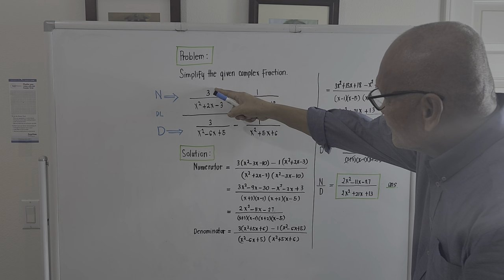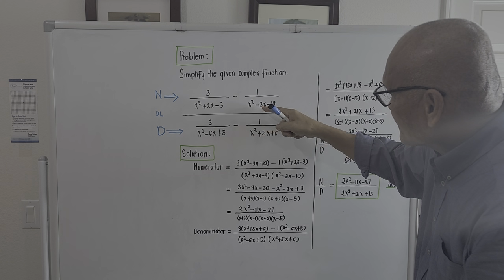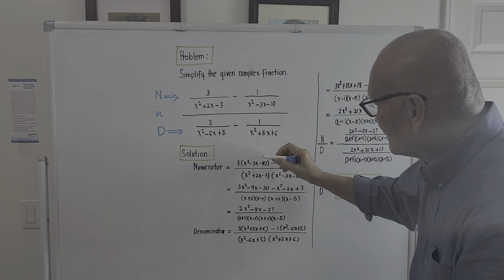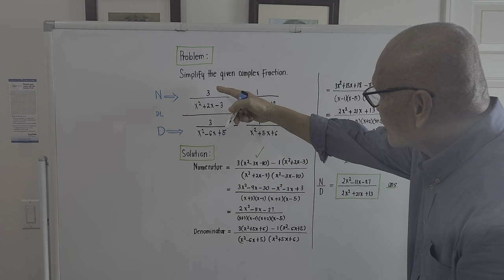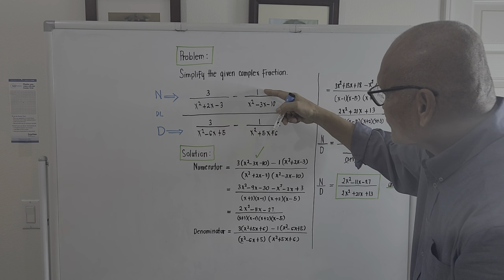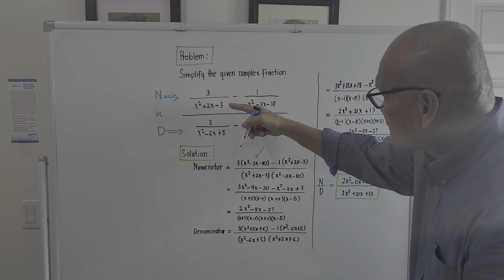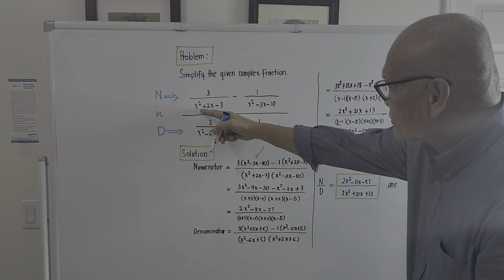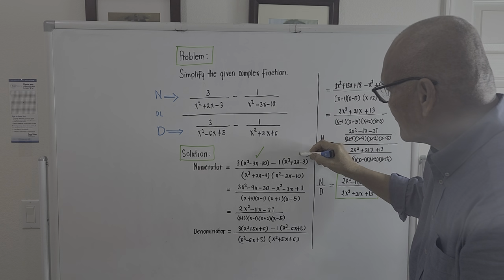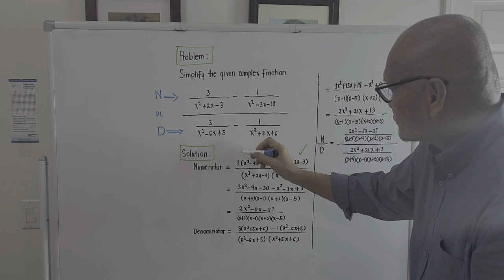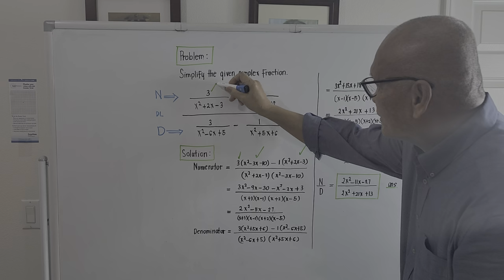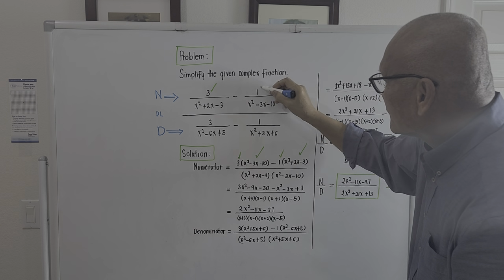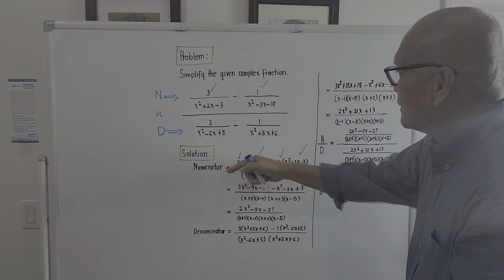So this is 3 times the quantity x squared minus 3x minus 10. Okay, the product of this. Minus 1 times this quantity here, so this is minus 1 times x squared plus 2x minus 3. This is 3, right? It's there. And this is 1. All over.